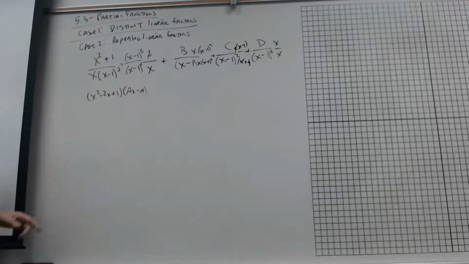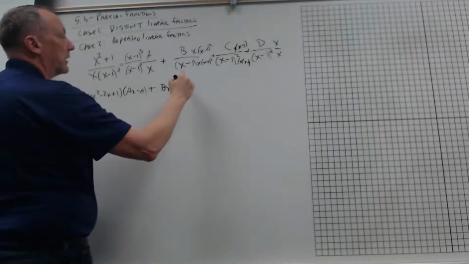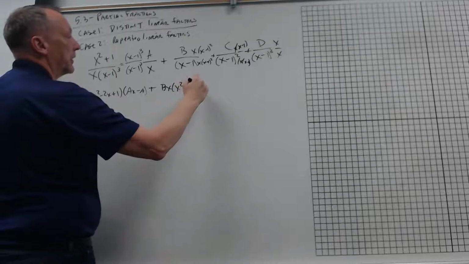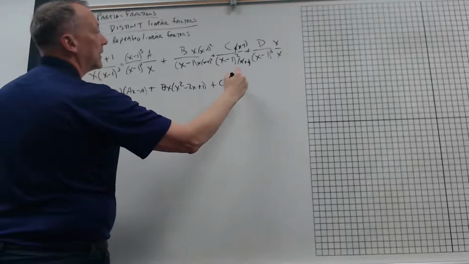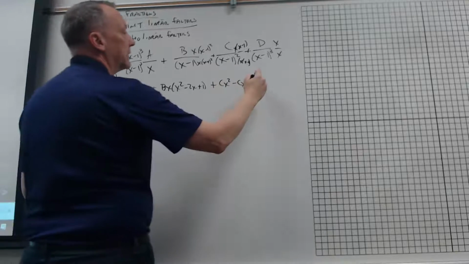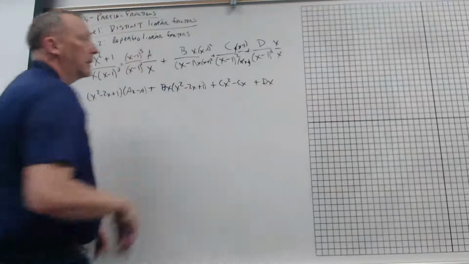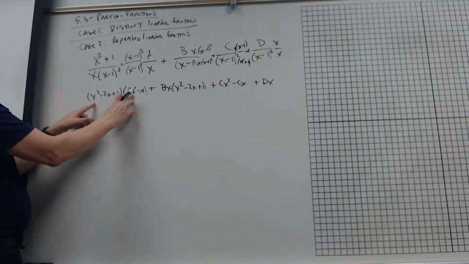Then I'm going to do bx times x squared minus 2x plus 1, plus cx minus cx squared minus cx plus dx. And I'm not going to keep writing the denominator because I don't care. Now I've got common denominator. Now we're going to FOIL this.